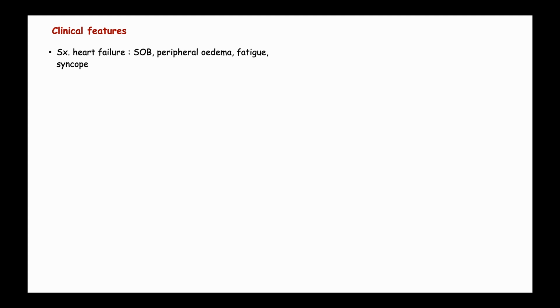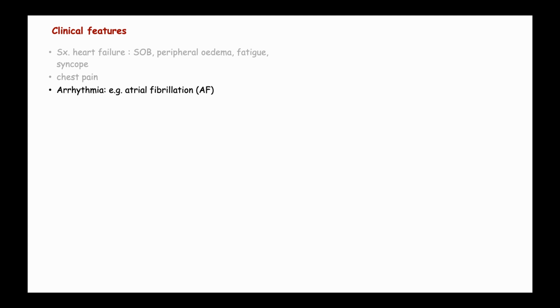The peripheral edema is due to the leakage of fluid into the tissues, and they may show fatigue as well as syncope. Then the patient may also have chest pains, which are due to the fact that the myocardium is poorly perfused, because little blood leaves the left ventricle to the entire circulation, and so the coronary arteries also receive very little blood to supply the heart.